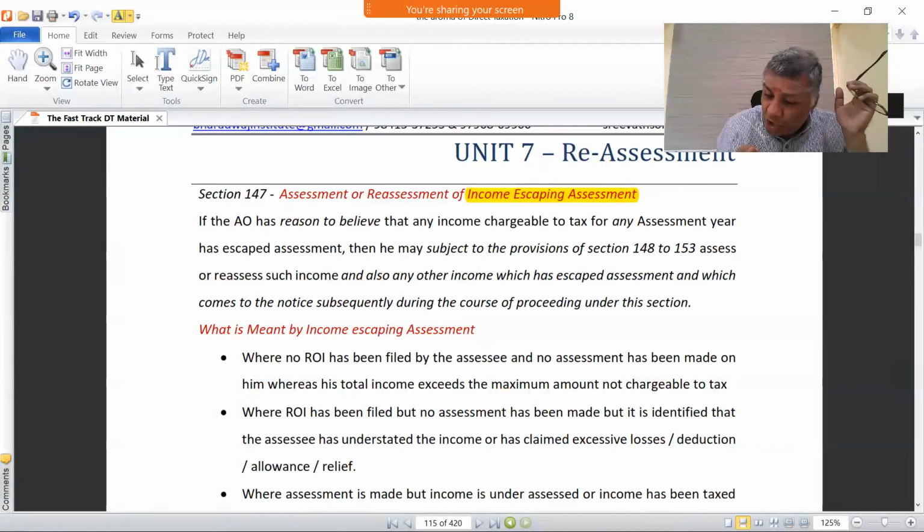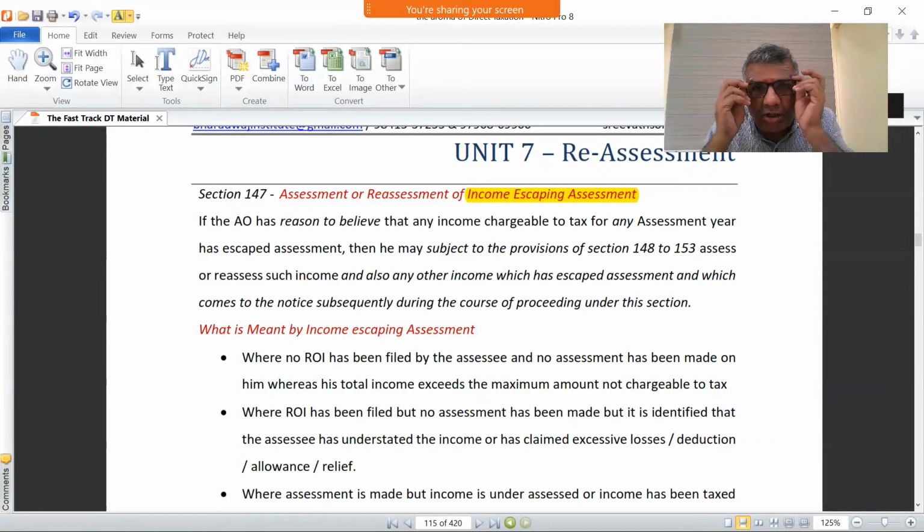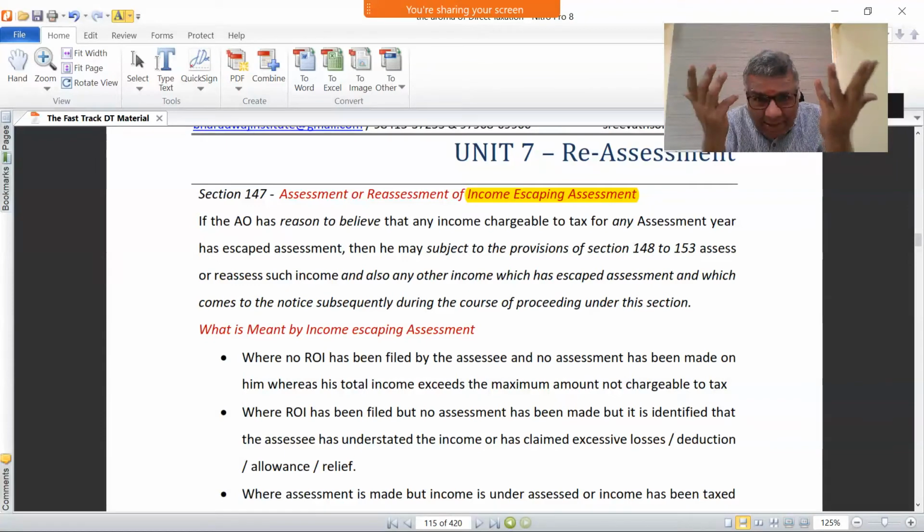But I disclosed it as long-term capital gain, when it is only a short-term capital gain. If it is long-term capital gain, I would have claimed 54 or 54EC and paid only 20% as tax. If it is short-term capital gain, I cannot claim exemption and the tax rate is higher. This is also income escaping assessment.